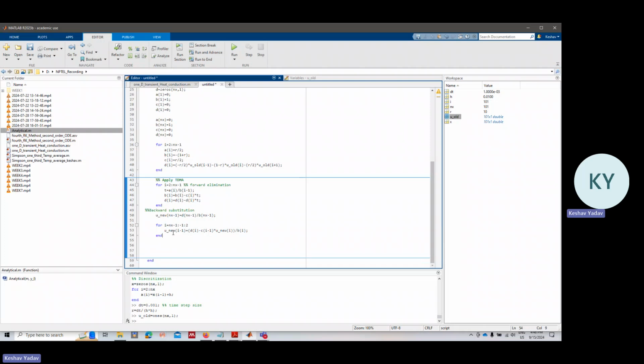So the boundary condition is what? u new at 1 will be equal to what? 0.